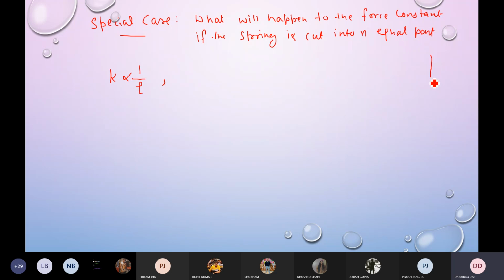If L is the total length of the spring, and we divide it into n equal parts, then the length of each part will become L upon n.